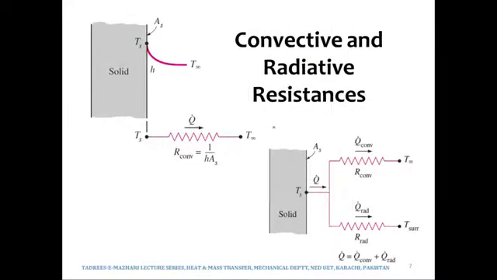Over here are being shown the convective and radiative resistances. Let's start with the convective resistance. Convective resistance, as we just discussed, is 1 over hA, where A or As is the area of the surface between that surface and the fluid the convection would be taking place, and the heat will flow.